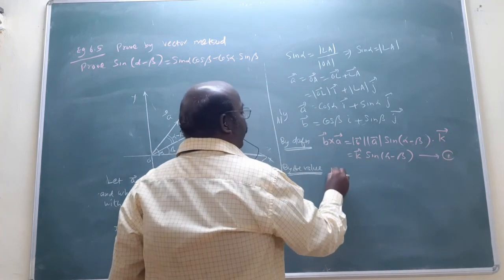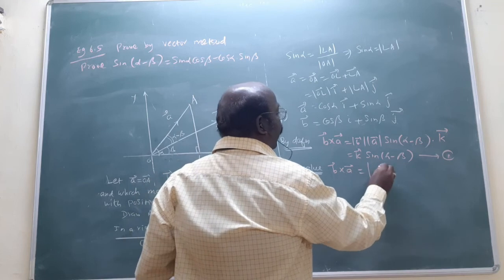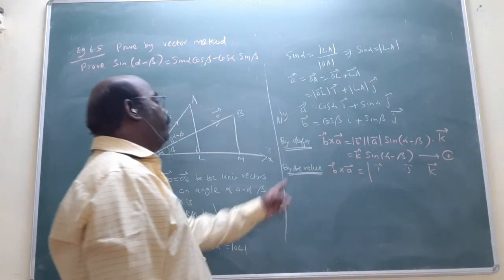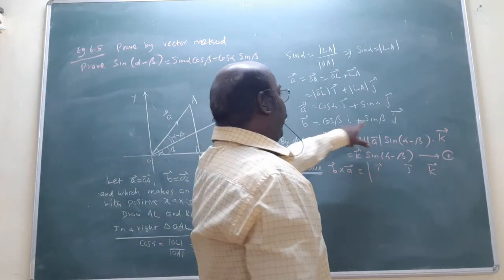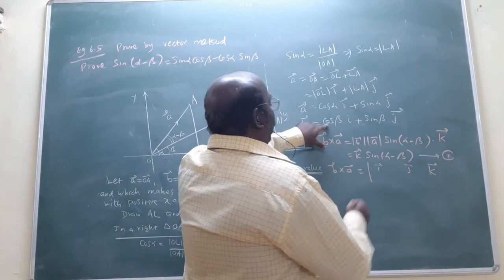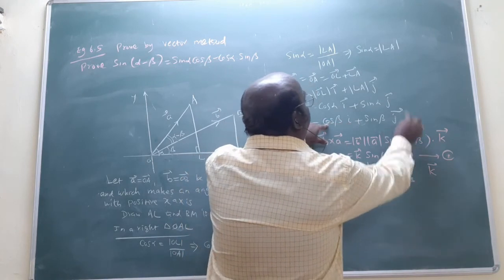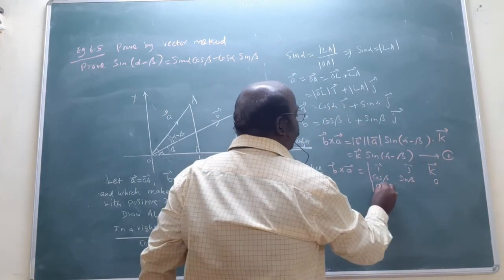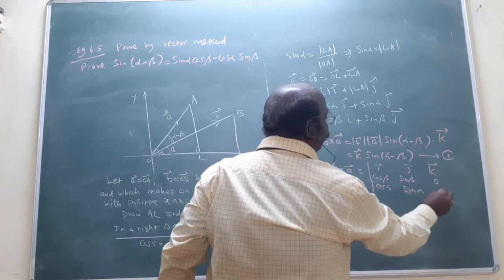Now again, b cross a equal to the determinant of i vector, j vector, k vector. What is the b vector? Cos beta into i, sin beta into j. First the coefficients: cos beta, here sin beta, and no k component, so it is 0. Next is what? The a vector. What is the a vector? Cos alpha, sin alpha, 0.